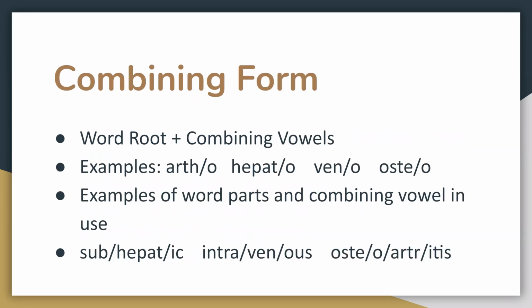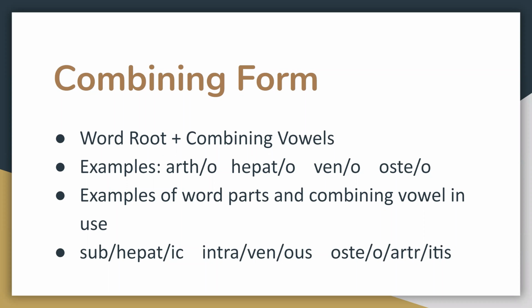So remember we had the arth, that was the word root, and you had the combining vowel, which is O, right? So we're going to put that together, and we're going to add some prefixes or suffixes to that. And here's what we get. So we get subhepatic. Okay, so you have the sub prefix, ik, which was a suffix, and the hepat, which is the word root.